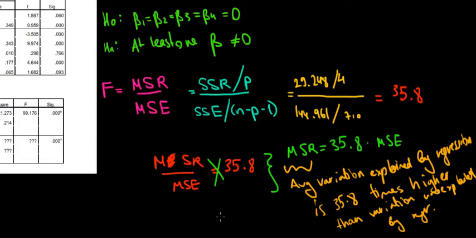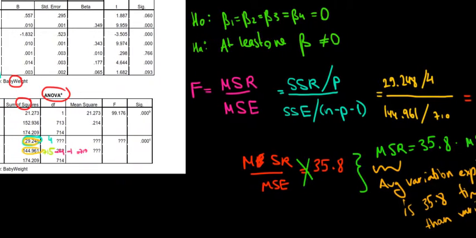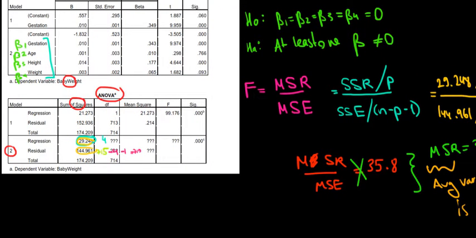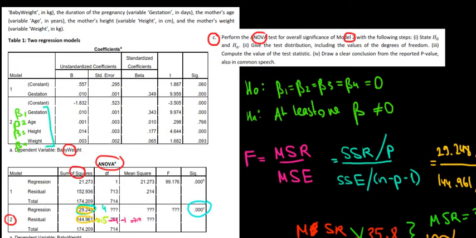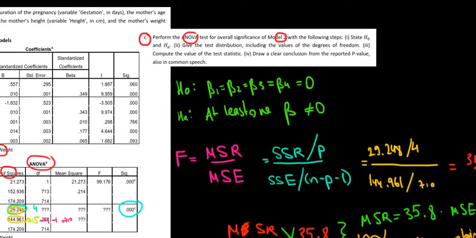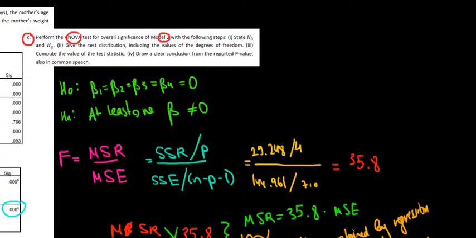And if we have a look at the p-value of the test, which is all the way over here, the significance of this F statistic in the second model is 0.000. What does that mean? That means that the probability of having such a high F value, a value of 35.8, happening by chance is 0%. So it most likely did not happen by chance, meaning that indeed we have a significant effect of all these variables taken together.